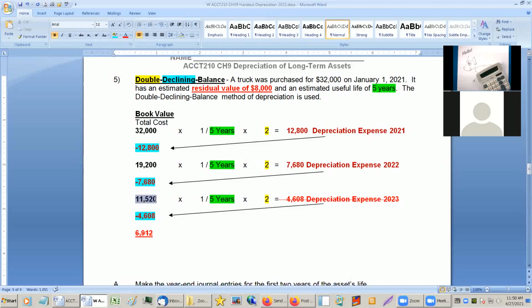I'll give you a hint. This is our book value after year 2. After year 2, our book value is 11,520. So how much can we depreciate in year 3, 2023?